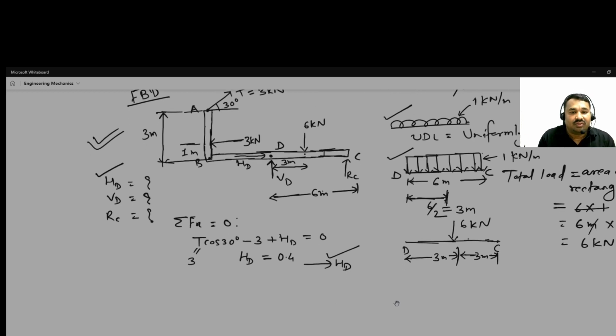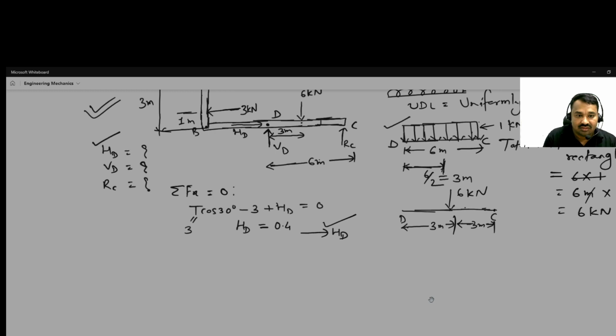Now what about, suppose we apply the Fy, then what we are getting? This equilibrium condition we are going to satisfy.